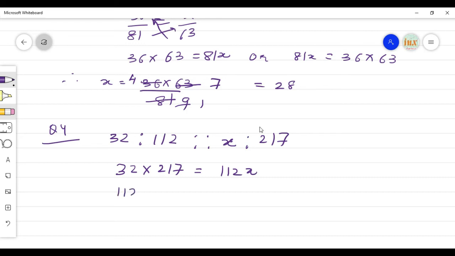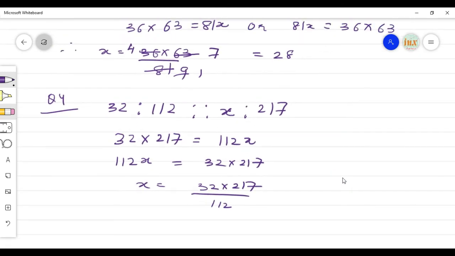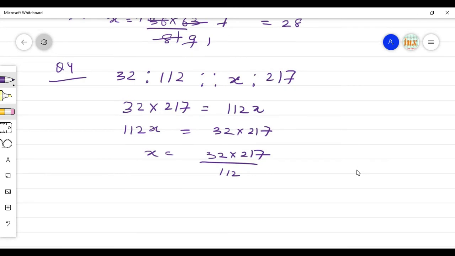Again we will write 112x is equal to 32 into 217. So therefore x is equal to 32 into 217 upon 112. Okay. Now we'll reduce it. So here 2 5s are 10, 2 6s are 12, 2 1s are 2, 2 6s are 12.